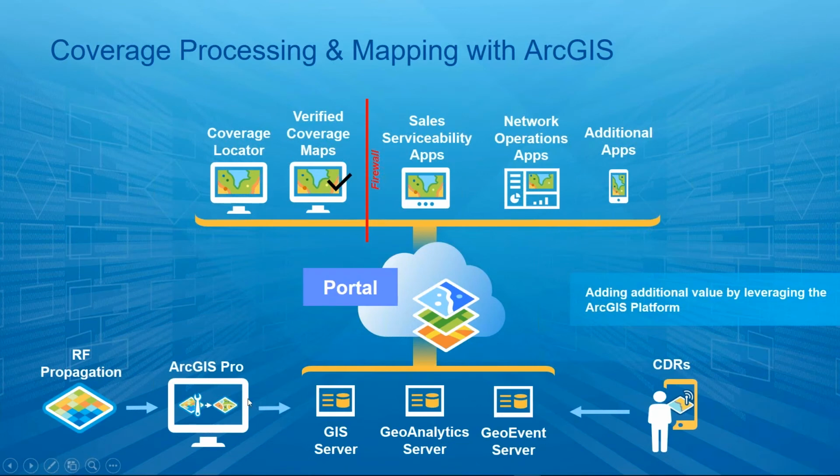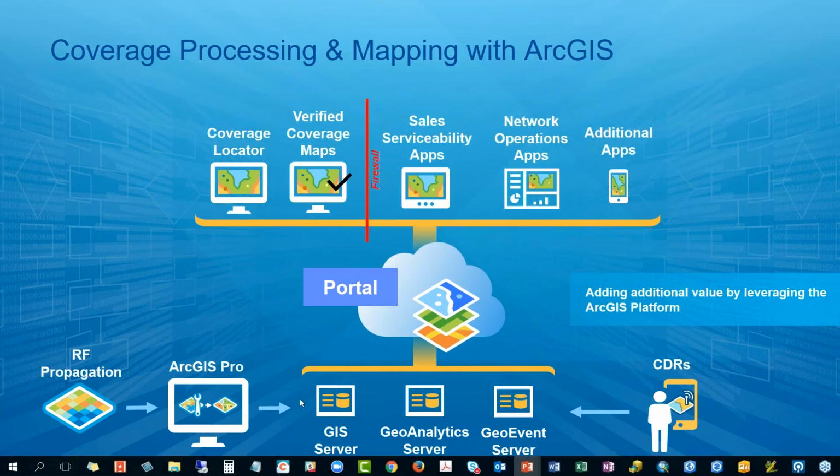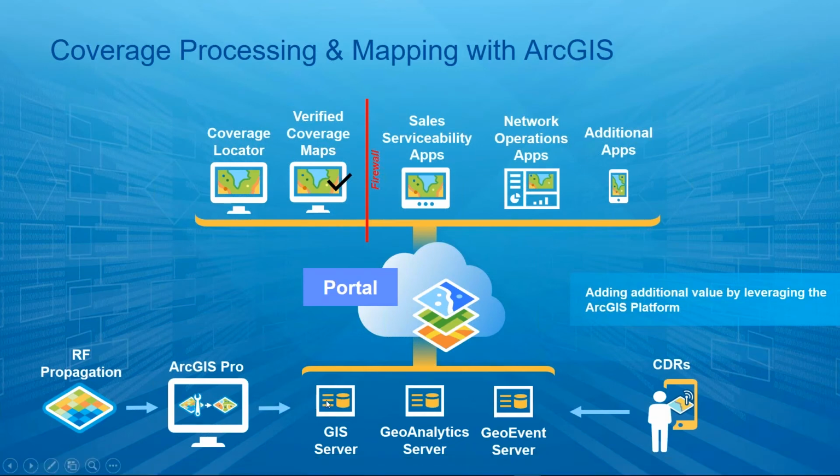Then we published it up as a vector tile service to our ArcGIS Enterprise. Now, our ArcGIS Enterprise has a GIS server which hosts that service and publishes it into our mapping portal, which we saw that I logged into to be able to access that service and create that web map.